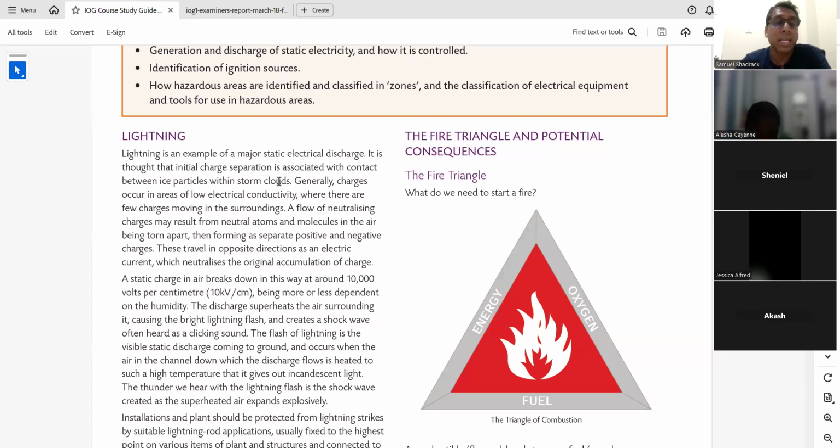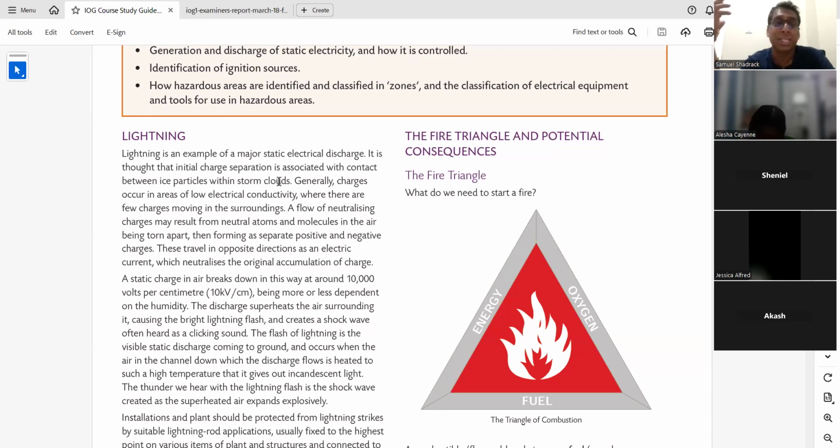Generally, charges occur in areas of low electrical conductivity where there are few charges moving. When they say charge, you're talking about electrons, right? A flow of neutralizing charges may result from neutral atoms and molecules in the air being torn apart, then forming a separate positive and negative charge.